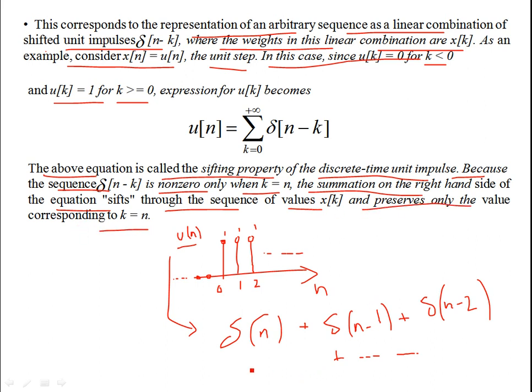So you see the sequence is only present at k equal to n. Over here k is equal to 1, so you have this sample. For k equal to 2, you have this sample. So basically you are again decomposing a sequence, which is a unit step, in terms of the delayed impulses.